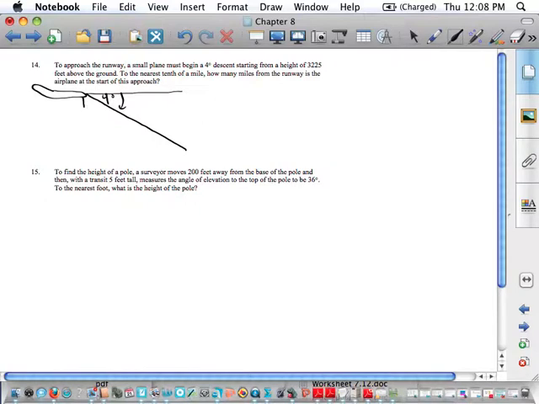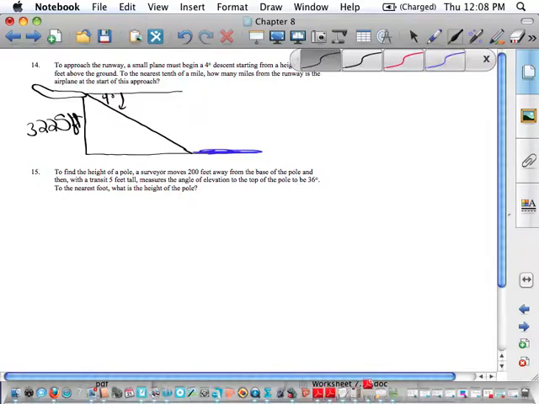Starting from a height of 3,225 feet to the nearest mile. Oh, there's a tricky part. To the nearest mile, where does this runway begin? Now the runway's out here, but that's not going to help us with our triangle.